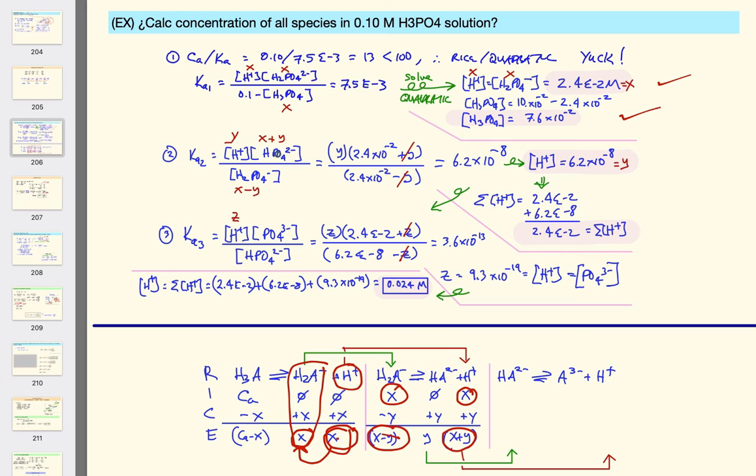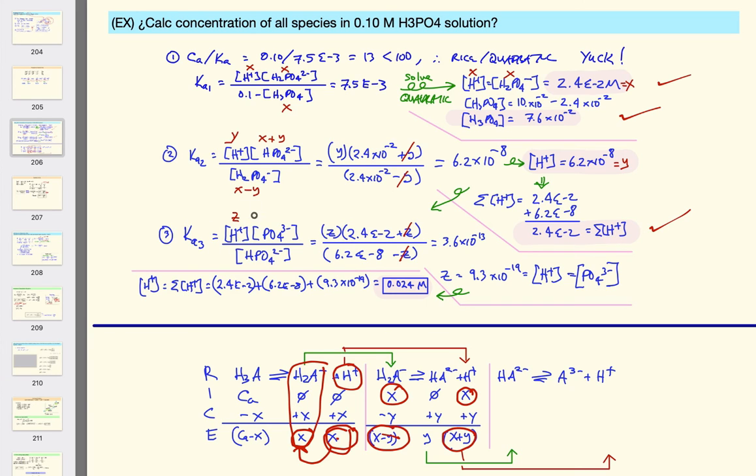So now I have to start the next question. Now I need to know what Y is. I need to now know what the final HPO4 2 minus is going to be. All of these values I had from working through the RICE equation, I'm just going to plug in here. And I'm illustrating here where I got those from, so you're not overly confused. In this case, we actually could disregard these, and so we could go straight to using our shortcut for a weak acid. I now know this value.